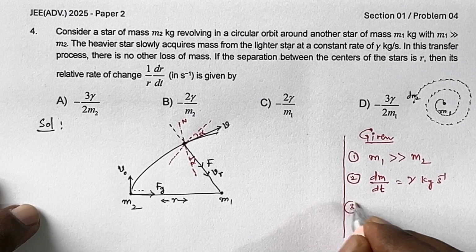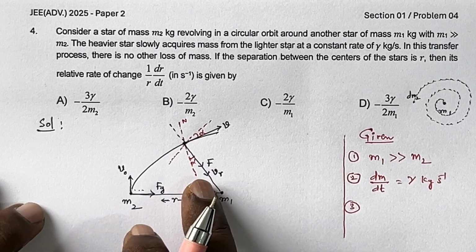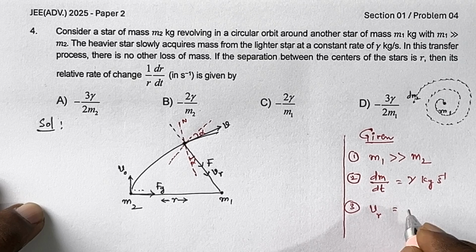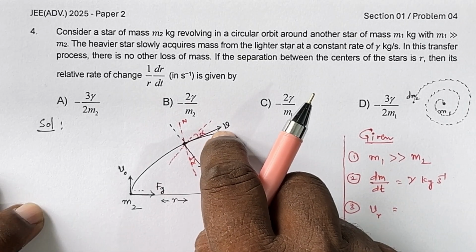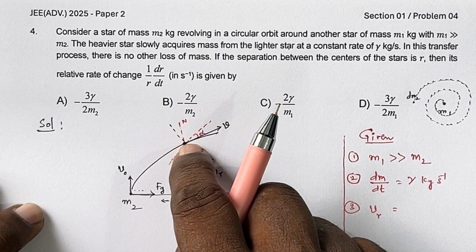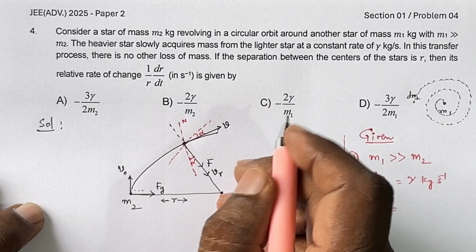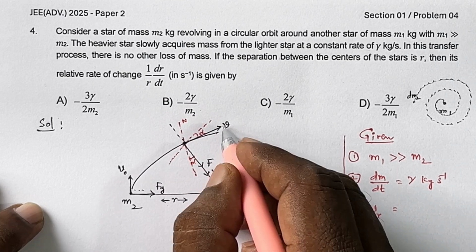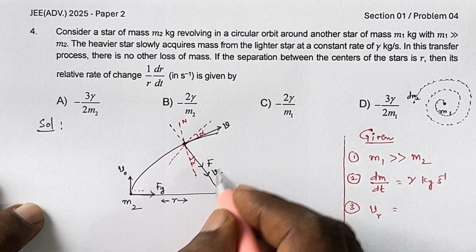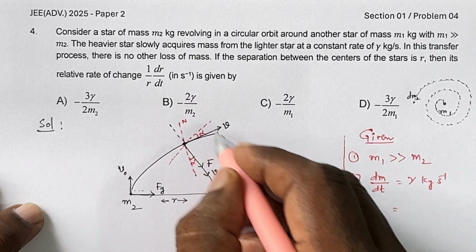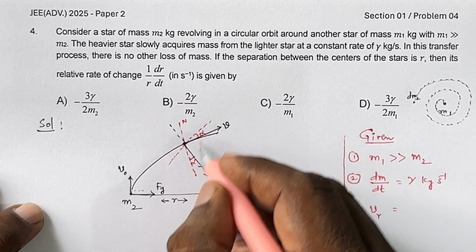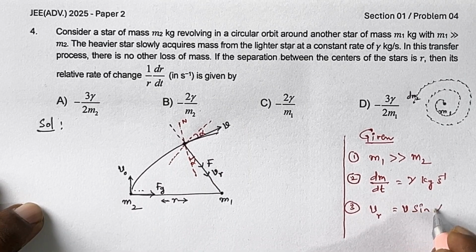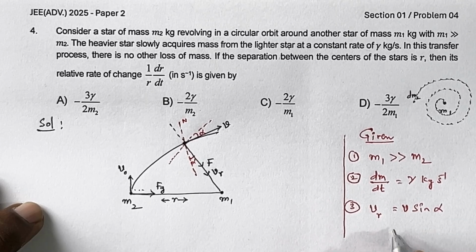And third, what we know from this small analysis, this radial velocity is equal to the component of the velocity. See, this is the velocity of the body m2 in its orbit, v. The component vr is the component of v, so it is v sine alpha.